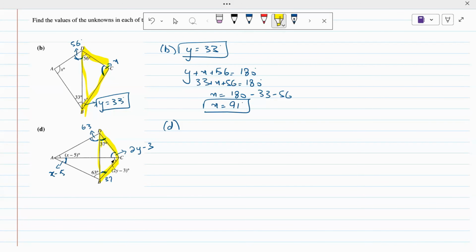isosceles triangle. So for this isosceles triangle, the angles involved are, we have one angle 37 at D, another angle 37 at B, and then at point C, we have two angles of 2y minus 3. And they all should sum up to 180 degrees. 37 plus 37, that's 74, plus 4y minus 6 is equal to 180.